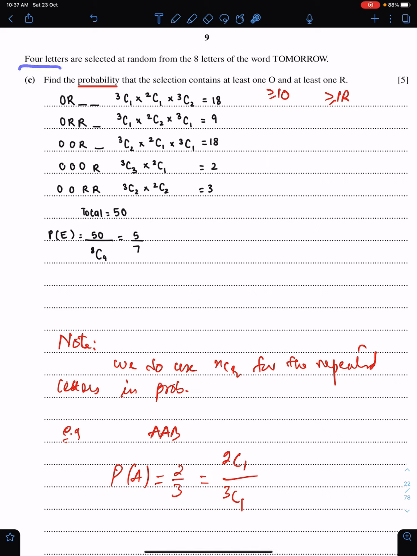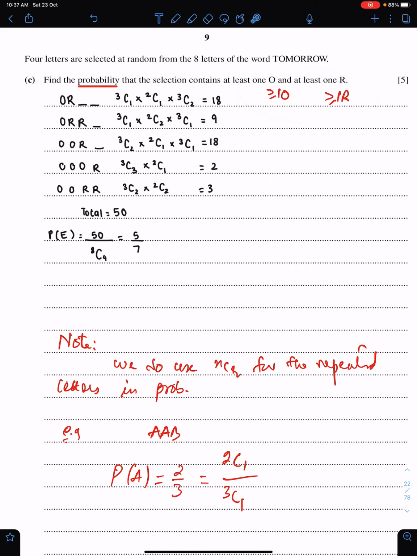4 letters are selected at random from the 8 letters of the word tomorrow. So we need 4 from 8. Find the probability. See, probability. So we have to use NCR even for repeated letters. That the selection contains at least one O and at least one R. So this is the restriction.